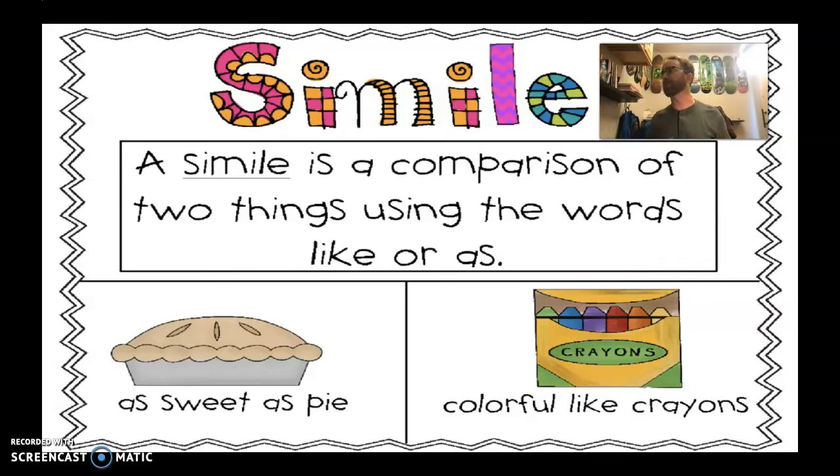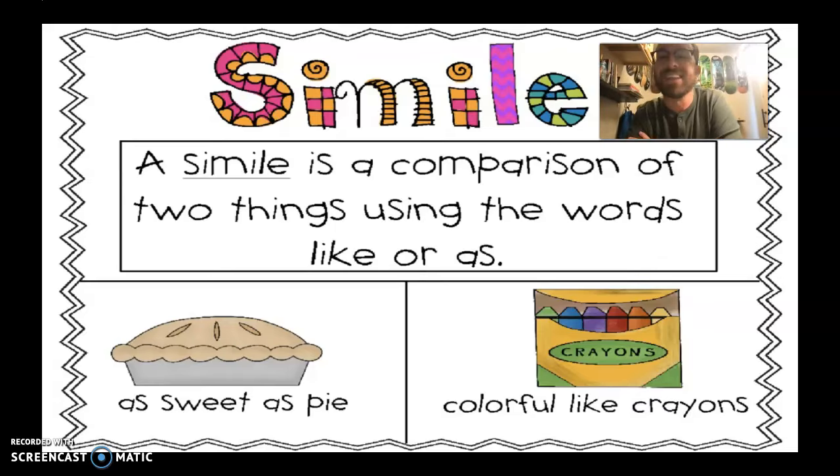Now, you probably learned about similes back when you were in elementary school, but just as a reminder, a simile is a comparison of two things using the words like or as. So calling someone or something as sweet as pie, or calling something that's very filled with color as colorful like crayons. So what your task is, I want you to compare the Vikings to something.